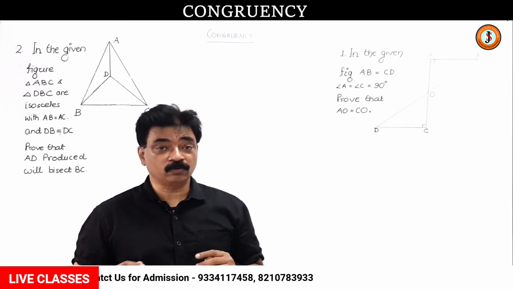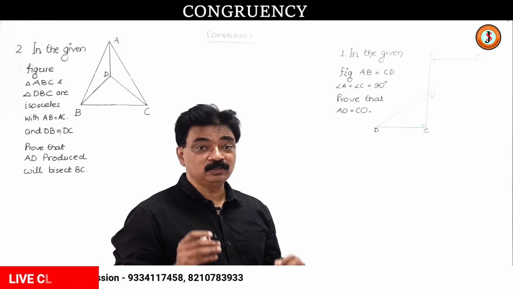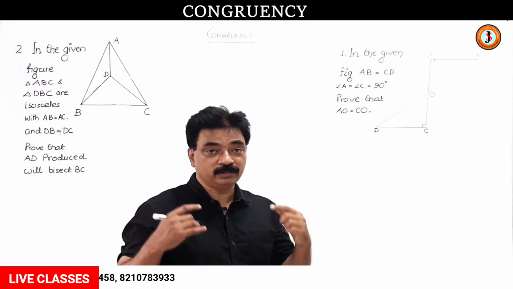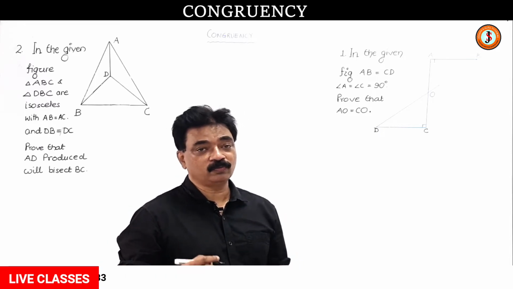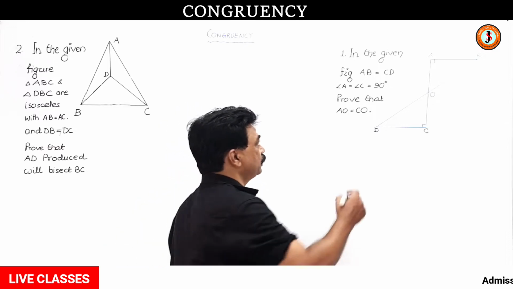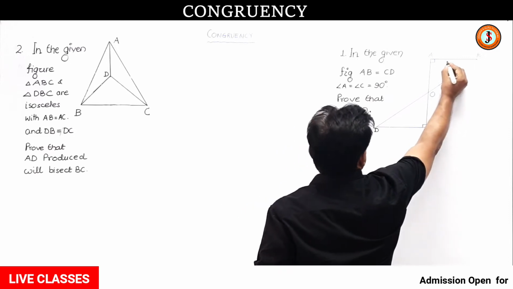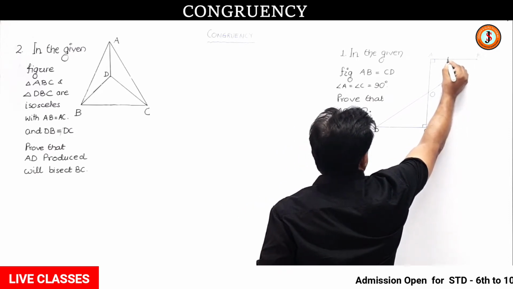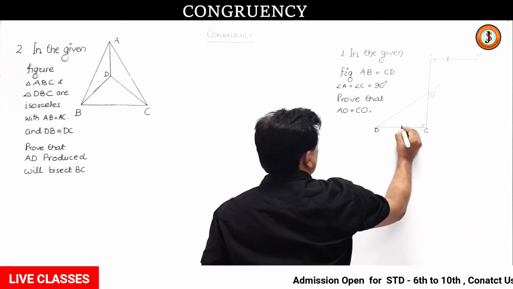Now when you are doing congruency, you have to mark the equal parts and then think in your mind what congruency criteria can be applied, and then start writing. Here it is given AB is equal to CD, that means I have got one side equal given.